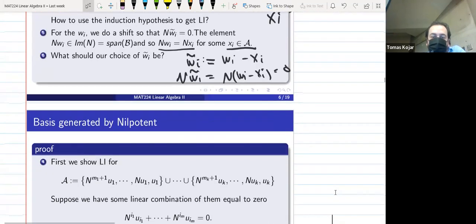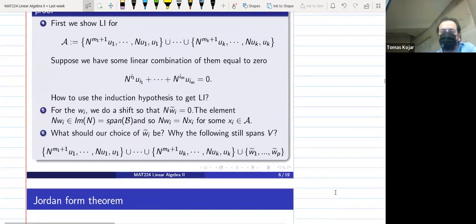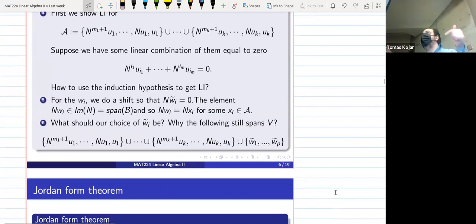All right. So why did we do this? Because we want to be in the language of cycles and chains. Just to remind you, what is a cycle? This guy is a cycle because N^(m_i+2) u_i is 0. And here the m_i is 1 because N of w_i is 0.